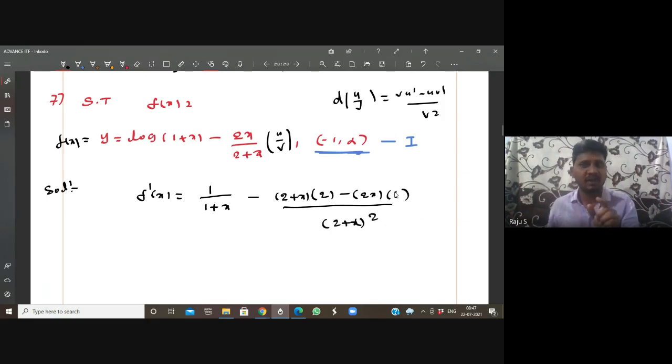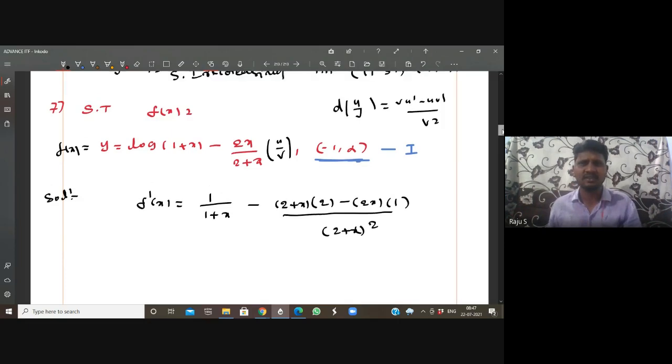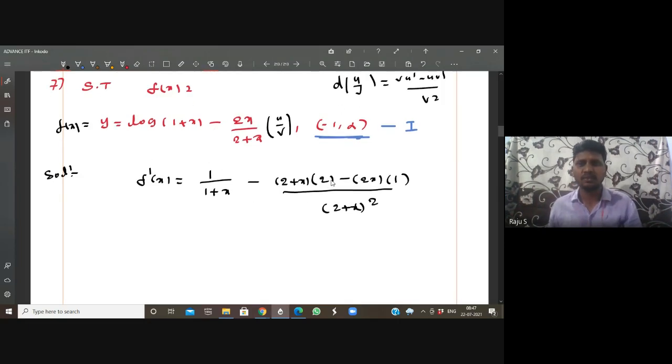I hope everyone understood; this is an easy differentiation because the derivative of 2x is 2 and the derivative of 2 plus x is 1. So 1 by 1 plus x here minus this, which gives 4 plus 2x minus 2x by 2 plus x the whole square.